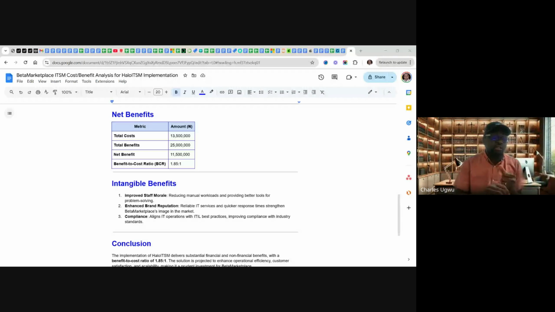Every BA in the industry knows that we have a lot of intangible benefits, but that will not stop you as long as you are able to justify that these benefits are not tangible. We know about it already in the industry, and nobody is going to question your report. But the ones you can monetize, you do the monetization.